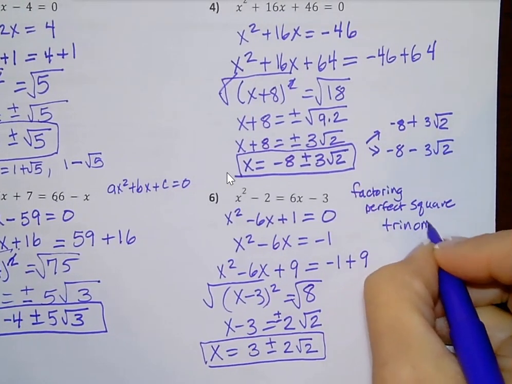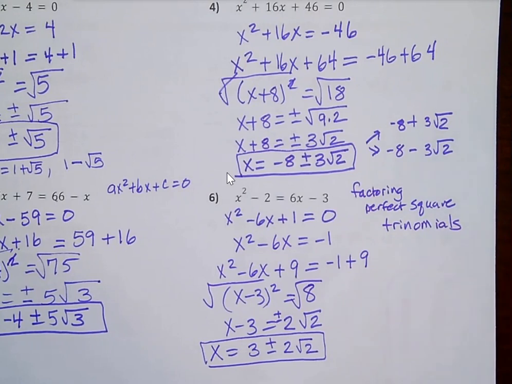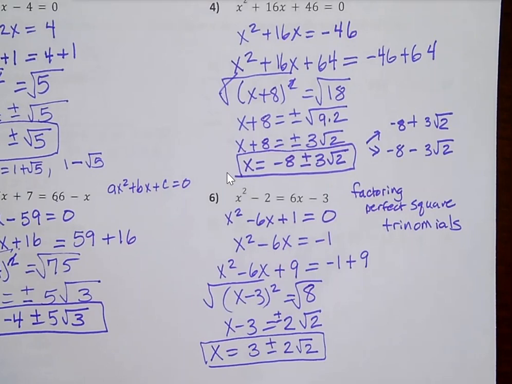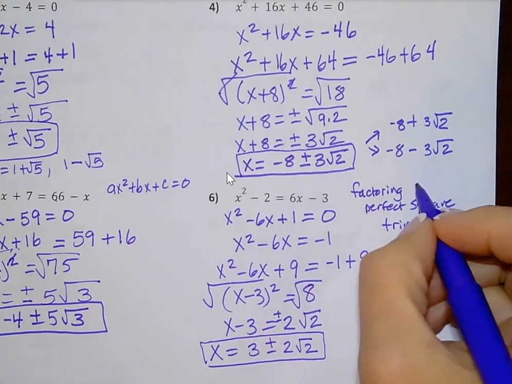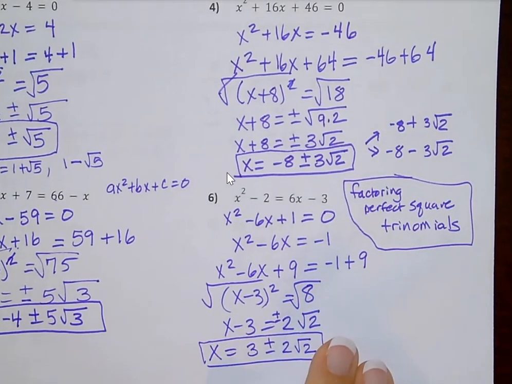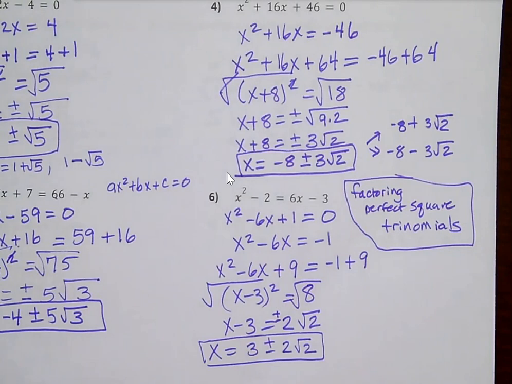I think in our notes for Unit 7, we were factoring special cases because we had perfect square trinomials and we had difference of squares. Okay, so if you need reminders, go back to Unit 7 and look at your notes on factoring perfect square trinomials. All right, nearly done.